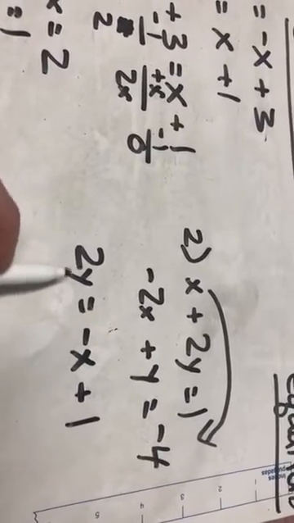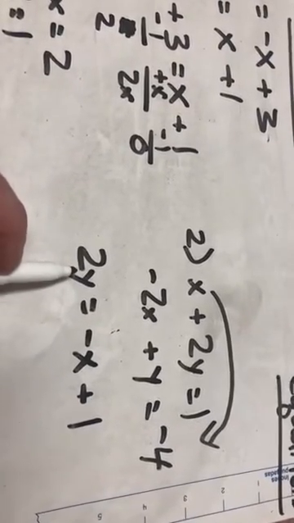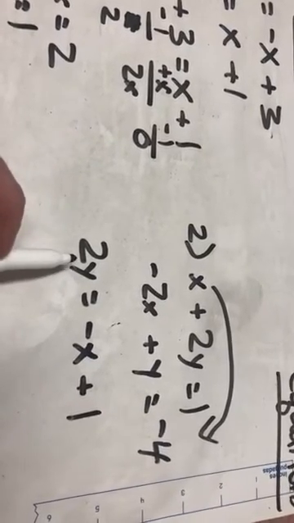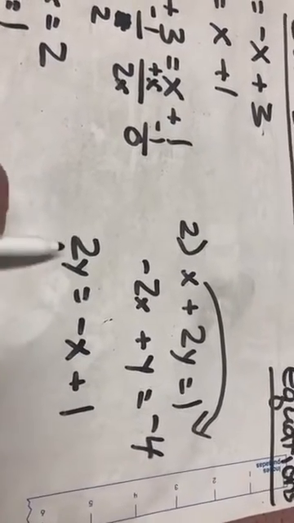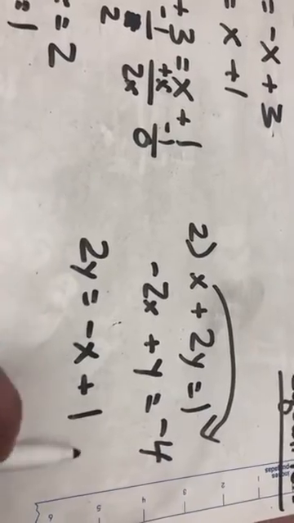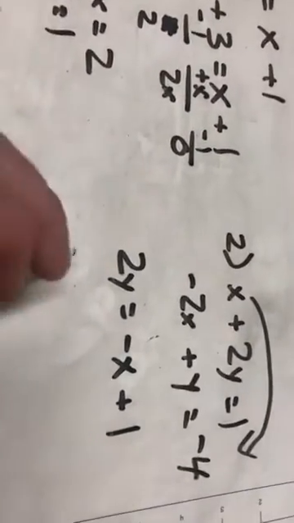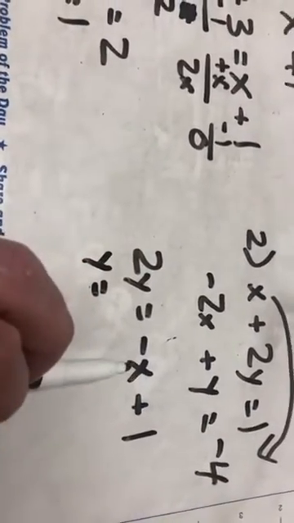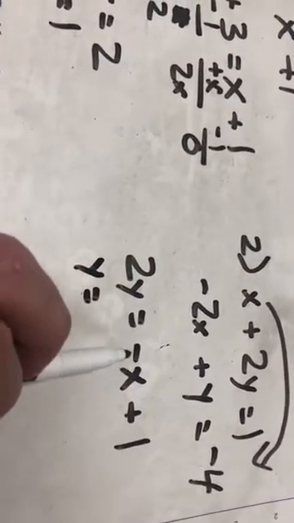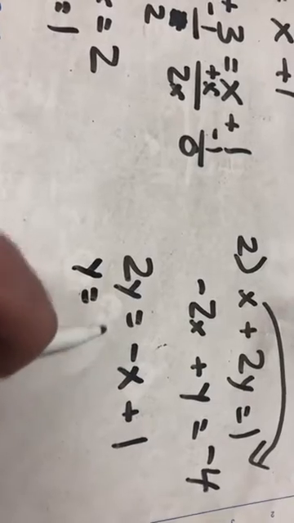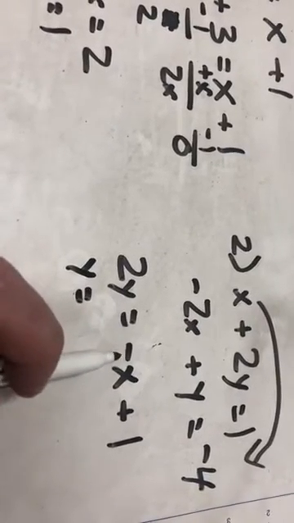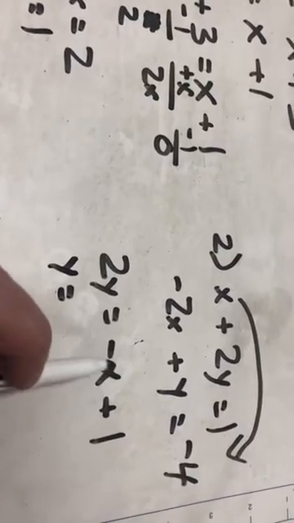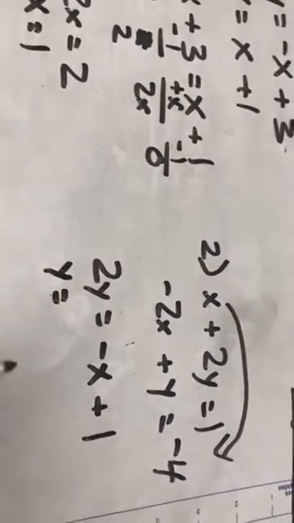It's still not in slope-intercept form, though, because I need to have y by itself. How do I get y by itself? I divide by 2. But if I'm going to divide this by 2, everything else has to be divided by 2. y equals, so I'm going to take negative x and divide it by 2. I'm not going to put negative x over 2. Remember, when I divide something by 2, it is the same as multiplying it by 1 over 2, the rule of reciprocals.